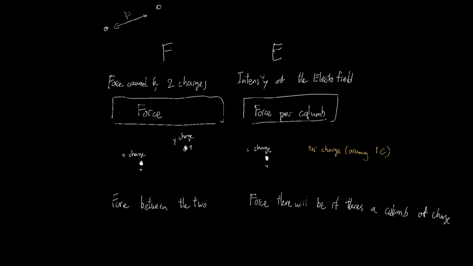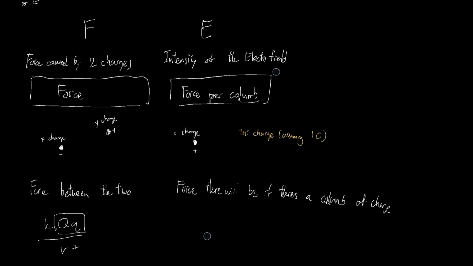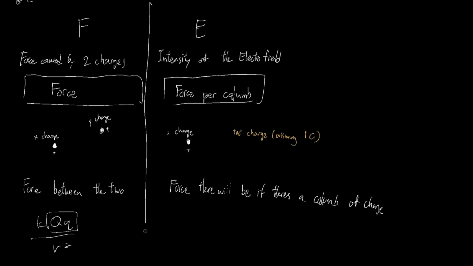Therefore, the equation is kQq divided by r squared, which involves the charges of both. However, E is different, in that E is the intensity of the electric field of one of them.